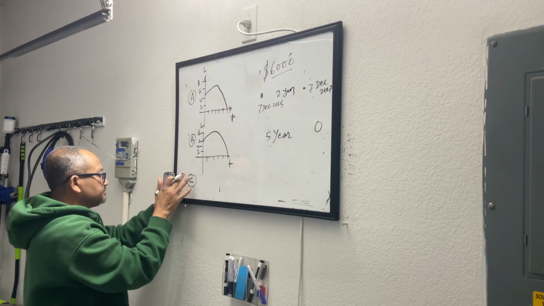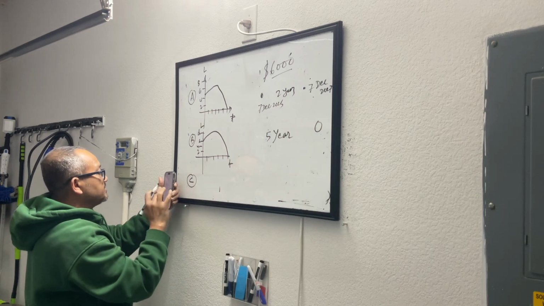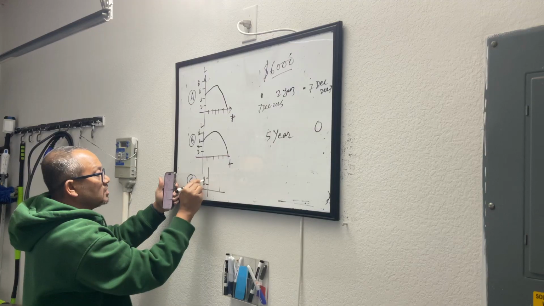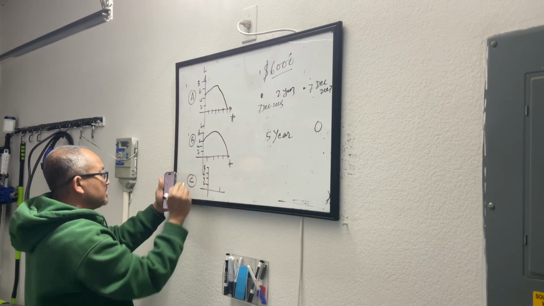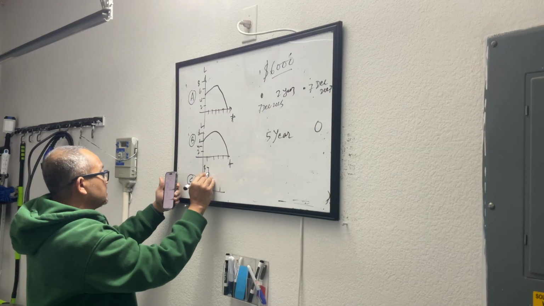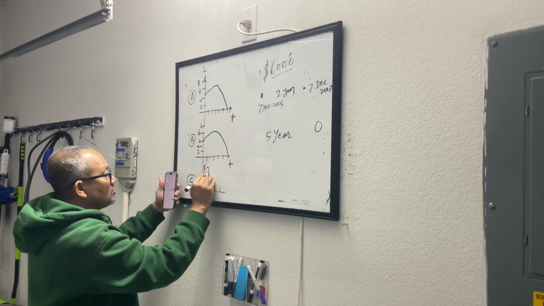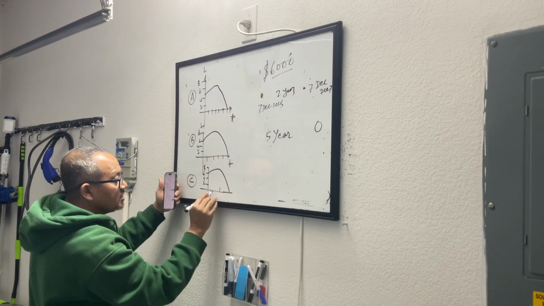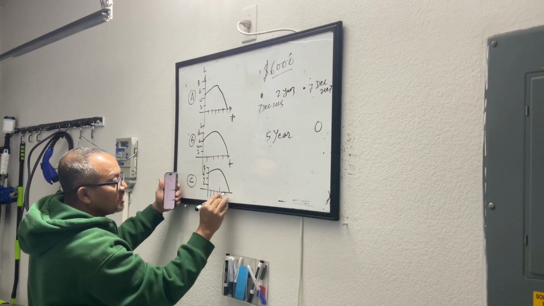Option C is this one. 2, 4, 6, 8. It is starting from 6, goes a little bit above and meets here. This is 1, 2, 3, 4, 5.